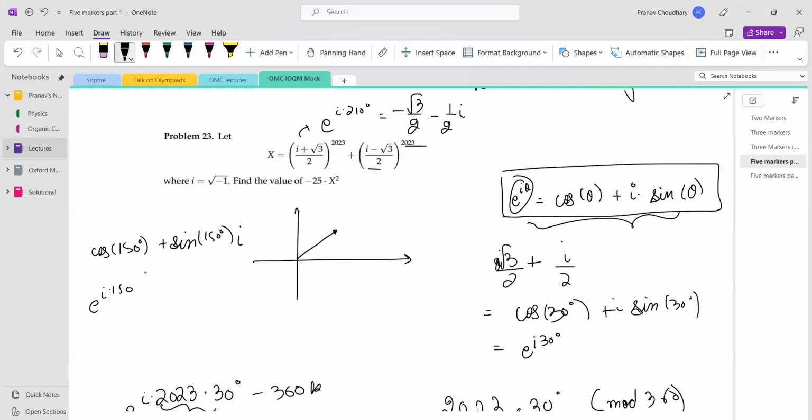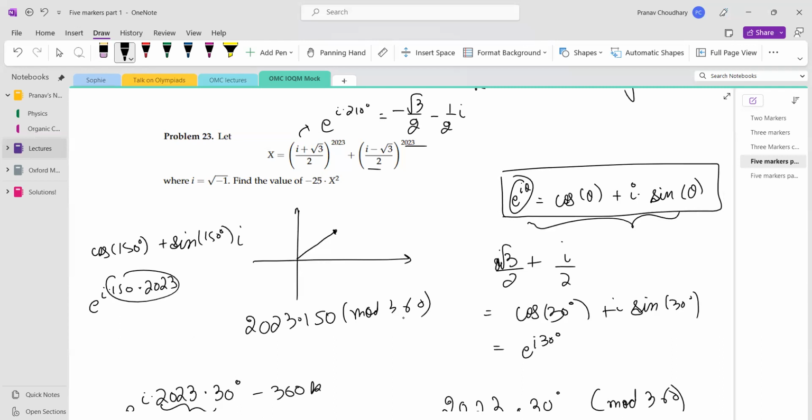And then you raise to the power 2023, it becomes times 2023. And you just take this number modulo 360. Let me calculate the value. So 2023 times 150, and you have to take modulo 360.